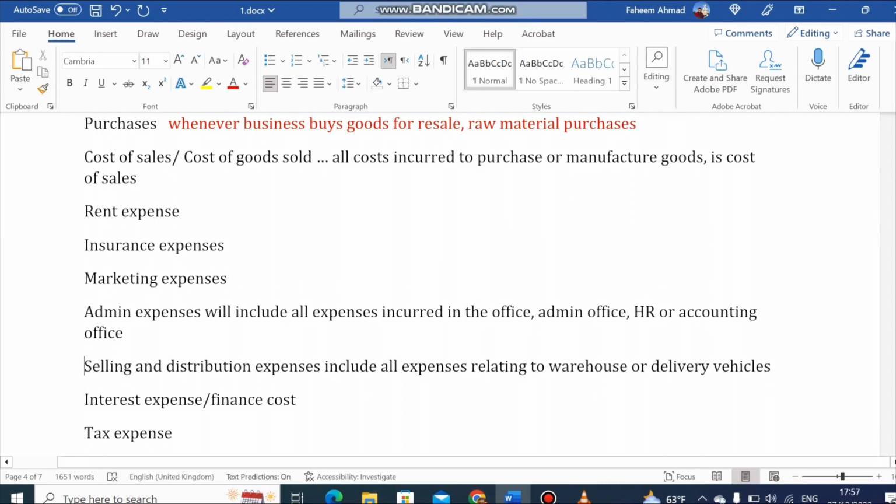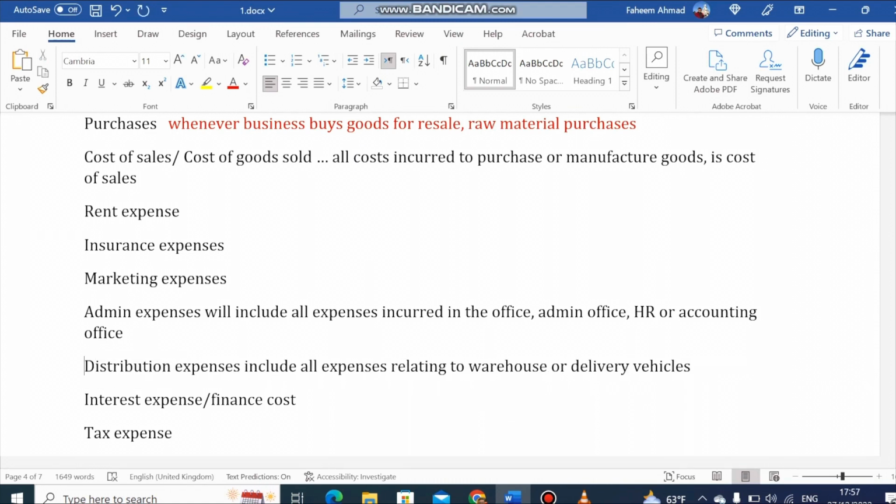Next, we have selling and distribution expenses. So, I think I should further classify distribution expenses. Distribution expenses include all expenses relating to warehouse or delivery vehicles. And then we have selling expenses, which relate to all costs incurred in sales outlet.